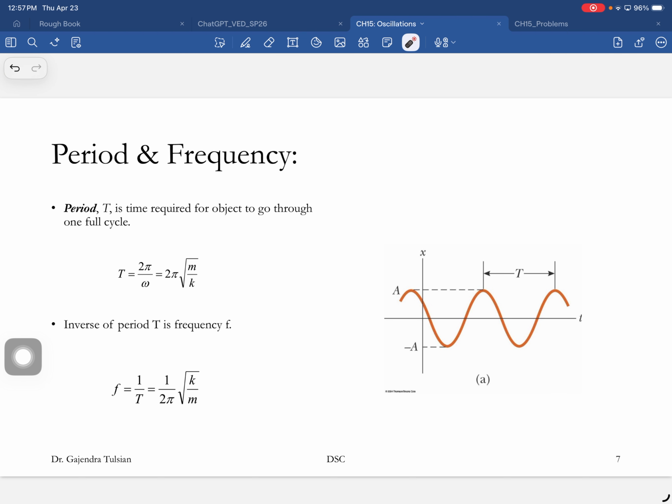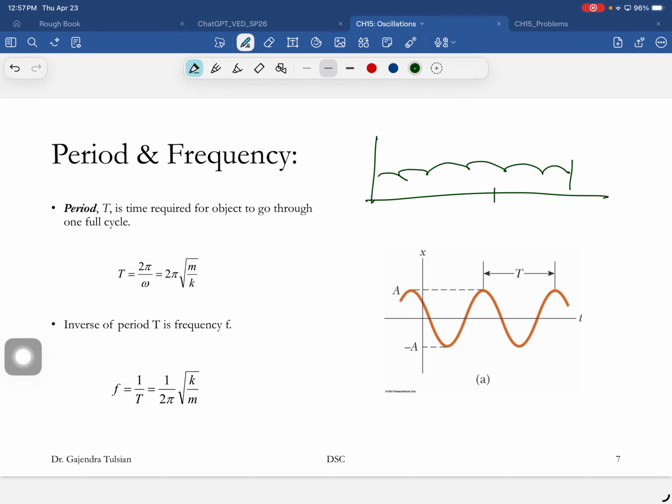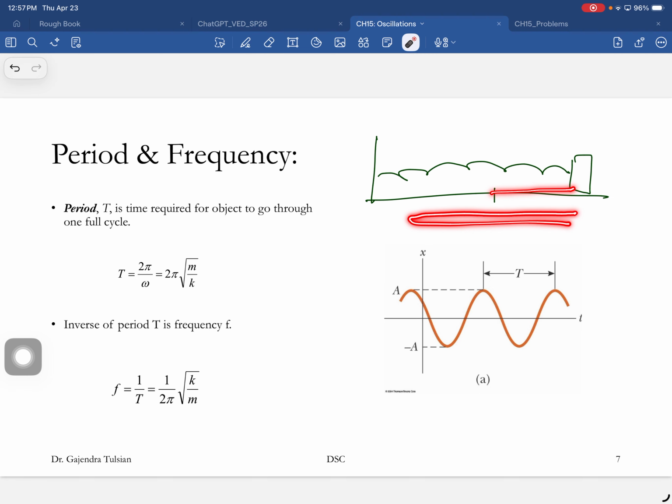All right, so you see, here's the period. The period is the time for one oscillation. You pull this mass this far, and then let go, and this is one oscillation. The time for one oscillation is the period.